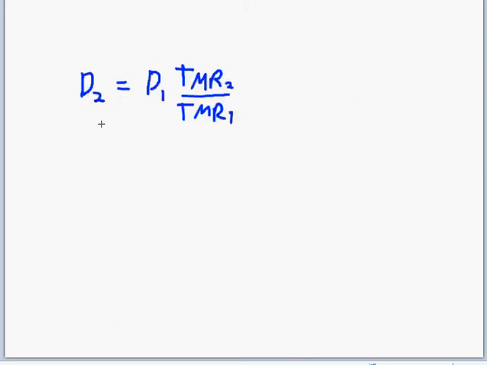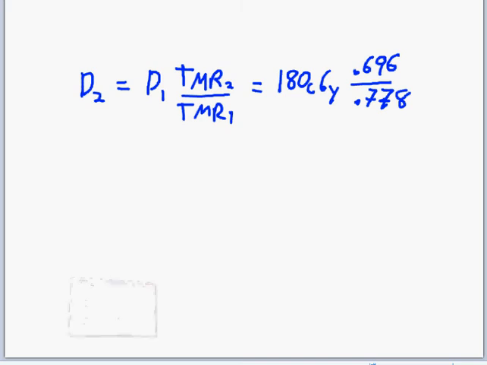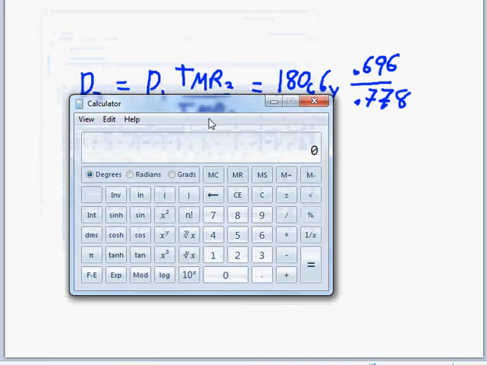Alright, so here's the equation we just derived: the dose at point 2 is equal to the dose at point 1 times the ratio of the TMRs. So let's just put in our numbers here. It's 180 centigray times 0.696 divided by 0.778. I'll bring up my calculator again.